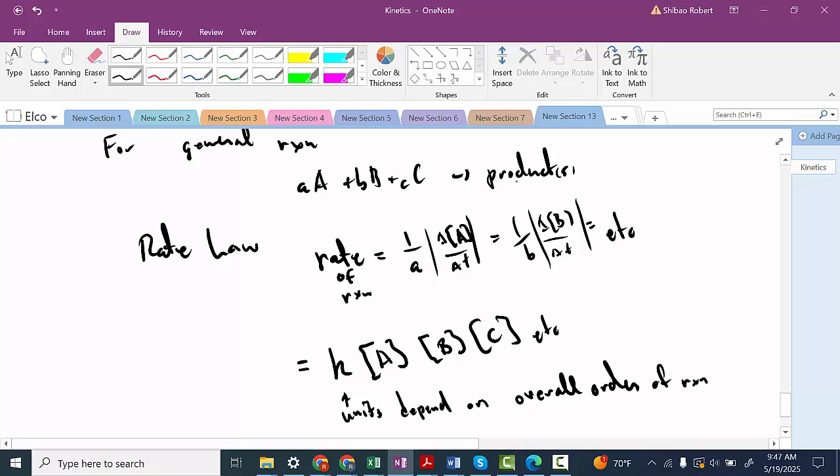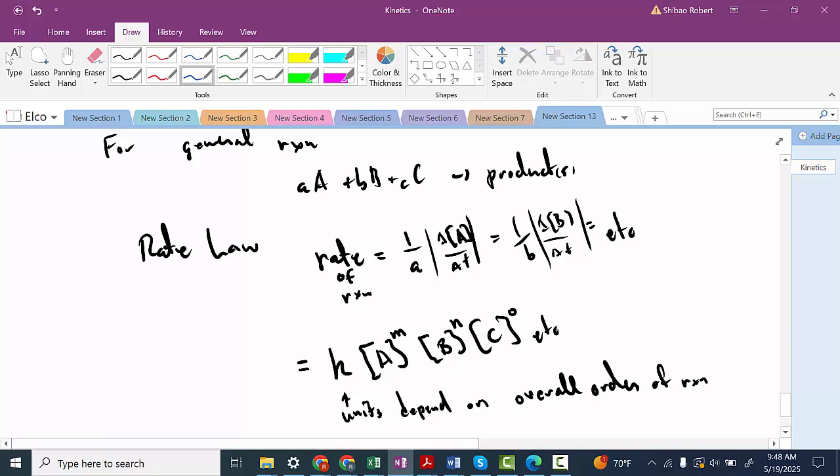The products aren't going to be included in the rate law. Normally we would raise A to the little a power, but here we're going to raise it to m, and B we're going to raise to n, and C we're going to raise to o.